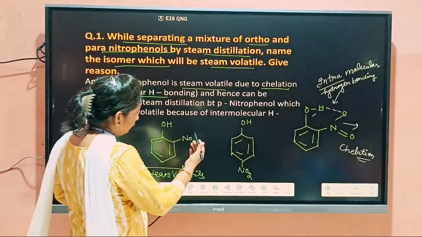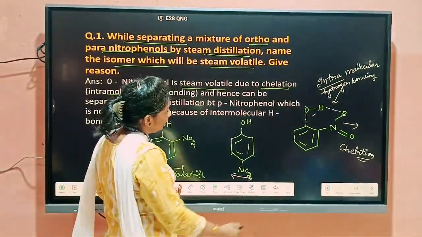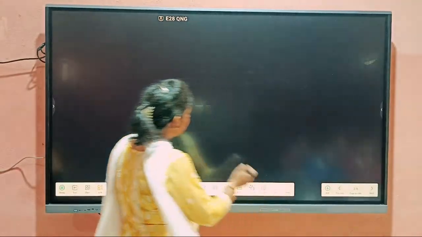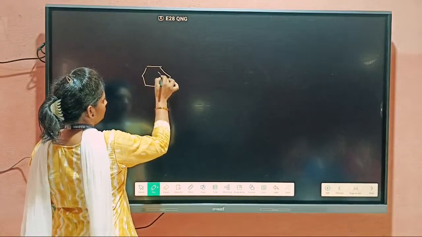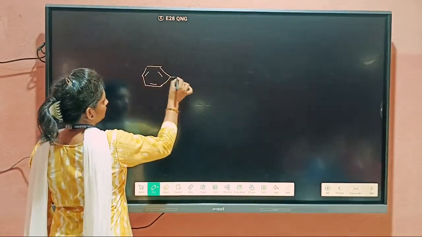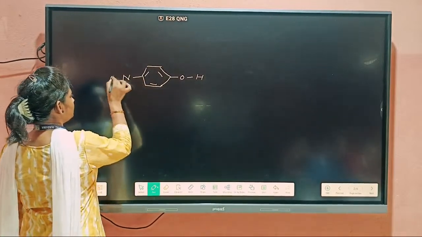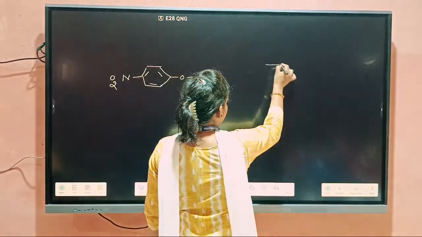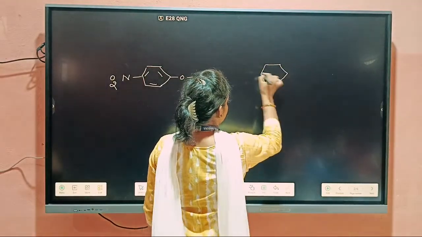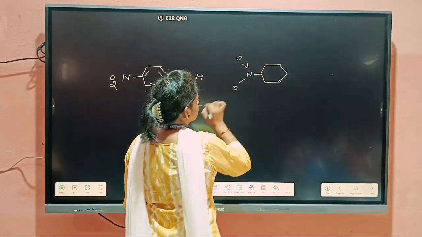But if we talk about para-nitrophenol, let us consider this is one molecule of para-nitrophenol and this one is the second molecule.